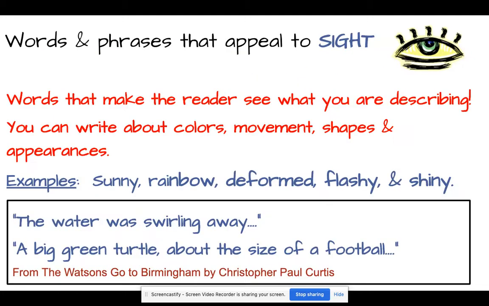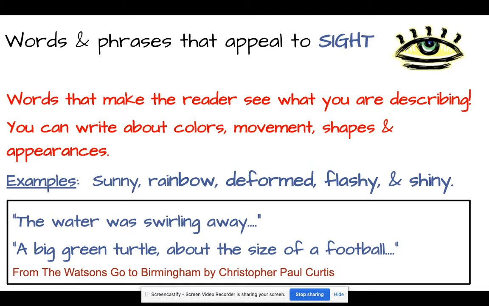So, what I'd like to do next is to look at some words and phrases that appeal to each of your five senses and give you some examples. If you're reading or writing, you will notice or try to use words that make the reader see what you're describing. A writer is trying to show, not just tell, what something looks like.